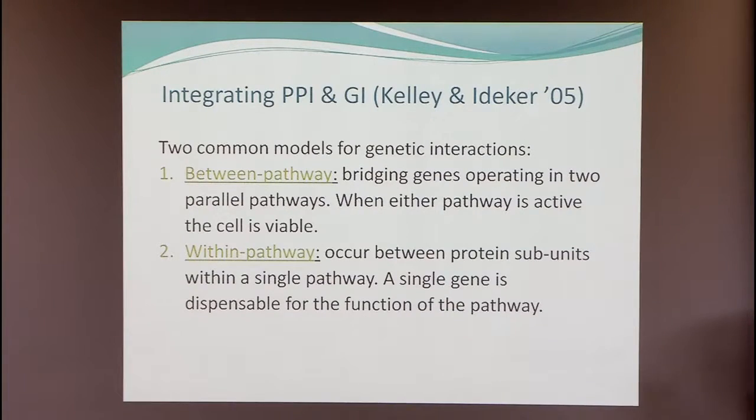The other possible explanation is what is called the within pathway, which means that you can think of a big complex. If you knock out a certain component of this complex, nothing happens. But if you knock out two components, maybe the complex scrambles and it becomes essential and the cell dies. Okay?